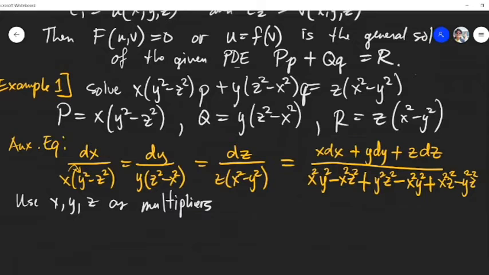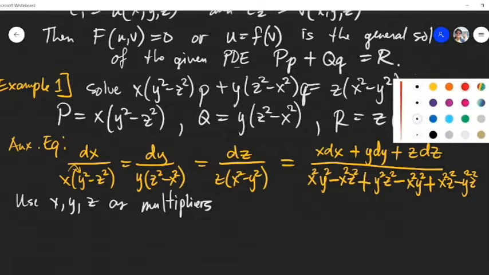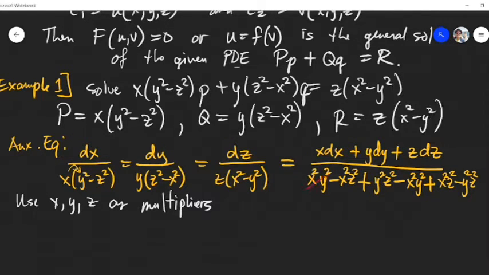Okay, so this should be equal to 0. So we have x squared y squared minus x squared y squared, negative x squared z squared plus x squared z squared, and we have y squared z squared minus y squared z squared. So this denominator is equal to 0.